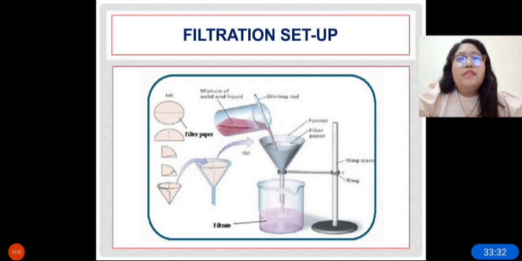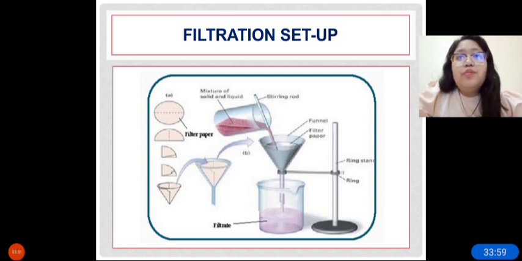So look at this setup. In the filtration setup, a mixture of solid and liquid is poured into a funnel that contains filter paper. This is actually aided by a stirring rod to avoid spillings. Okay? So the funnel is supported by a ring stand, ensuring it's held securely above the collection vessel.